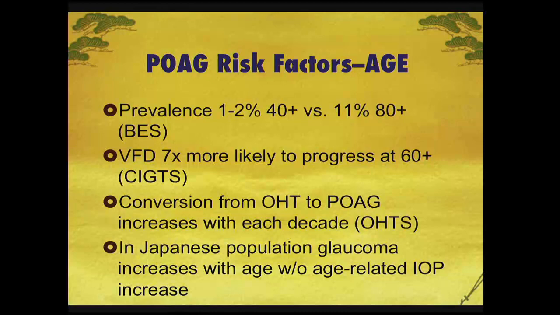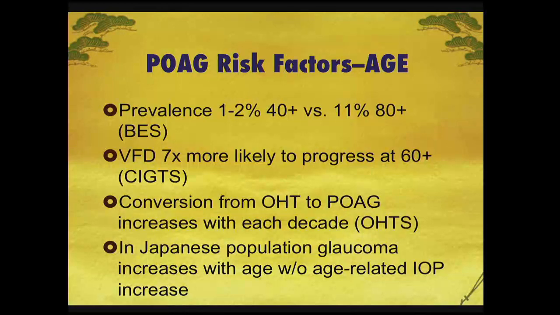One is prevalence. In people 40 and older, the prevalence of open-angle glaucoma is about 1 to 2%. When you get up into a group of people in their 80s, it jumps up to 11%, and that comes from the Baltimore Eye Study. Visual field defects are 7 times more likely to progress if you're over 60 years of age, and that comes from the CIGTS study.